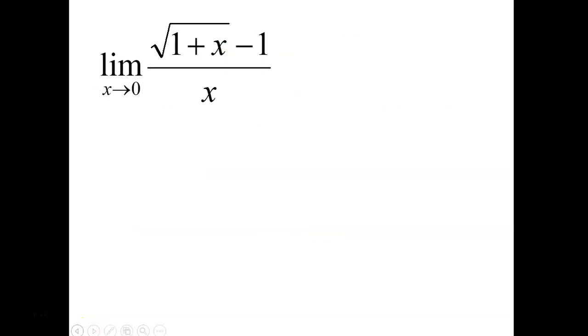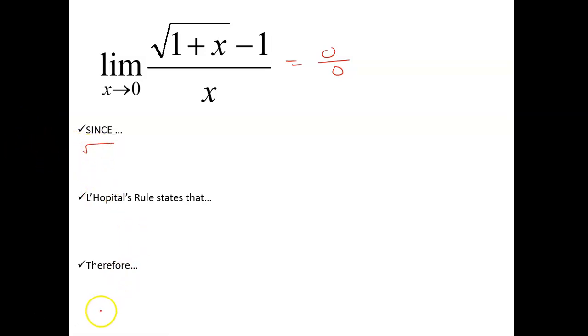Okay, so let's take a look at this same problem that we looked at the beginning of the period, where before we would not have had a way to do it. So we know that this comes out to 0 over 0. So if we're on the AP and this comes out to 0 over 0, one of the things that I would do is say, hey, AP, just for the sake of my own sanity, I'm going to call this f of x and I'm going to call this g of x.